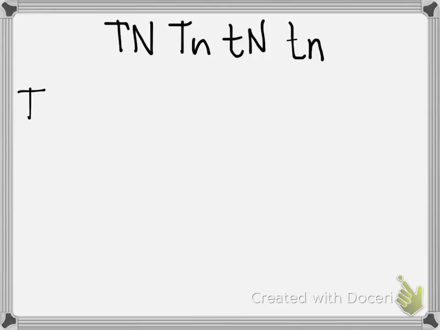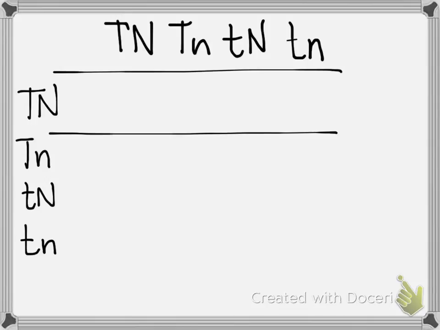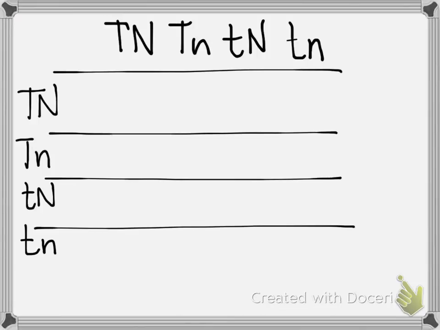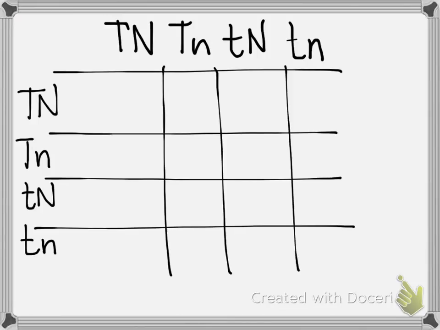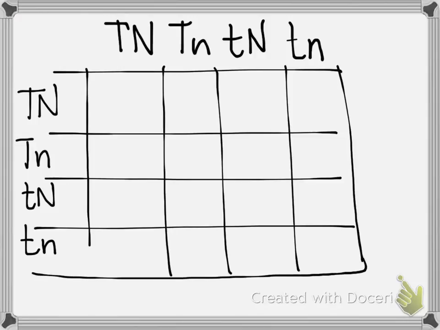And then down the side, big T big N, big T little n, little t big N, little t little n. Okay. Start crossing. I'll start crossing up here. You start crossing on your paper.